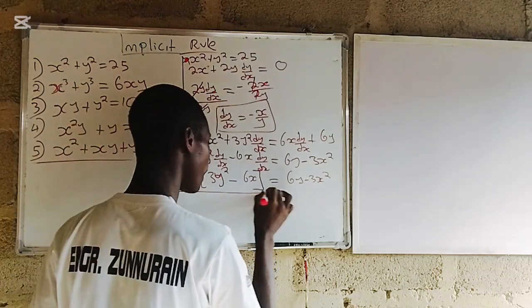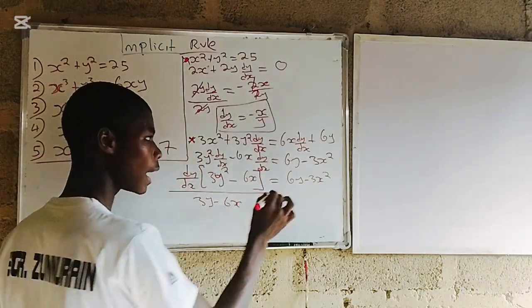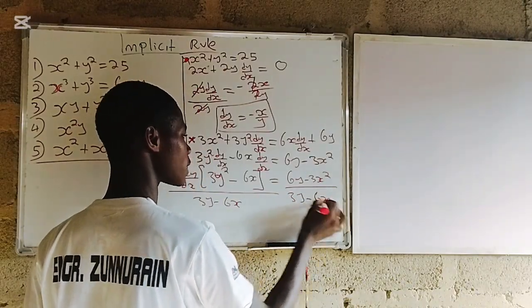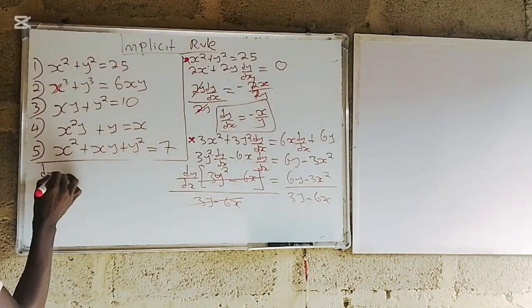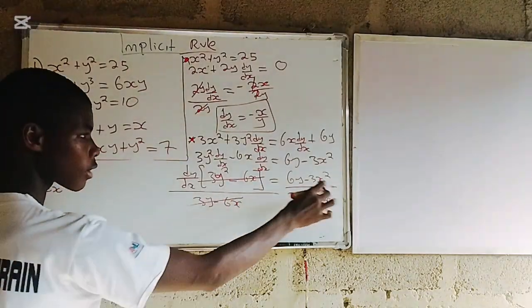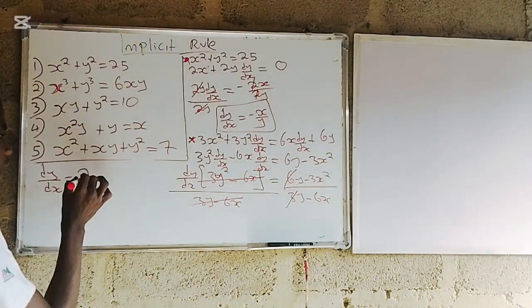So I have to divide both sides by 3y squared minus 6x, and divide both sides also by 3y squared minus 6x. This will go with this. At the end, dy by dx should now be equal to this. And 6 divided by 3 is what? 2.